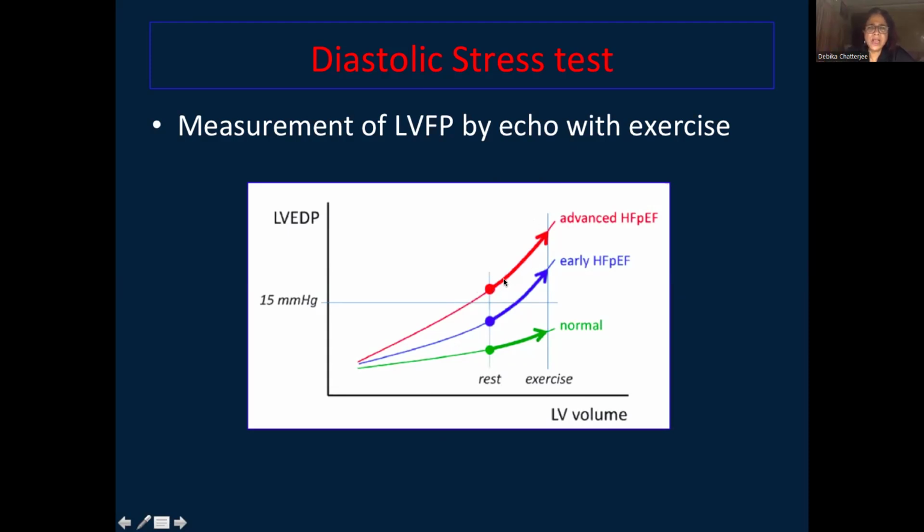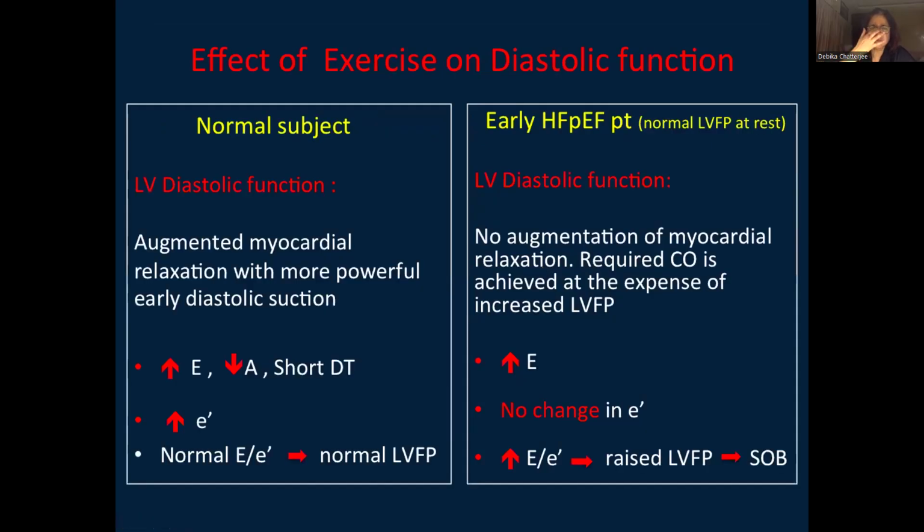So there is no problem in diagnosing these cases, because at rest also the LV filling pressure is high. But those who are in early HFpEF have normal LV filling pressure at rest. But as they exercise, the LV filling pressure rises and the patient goes into heart failure and shortness of breath.